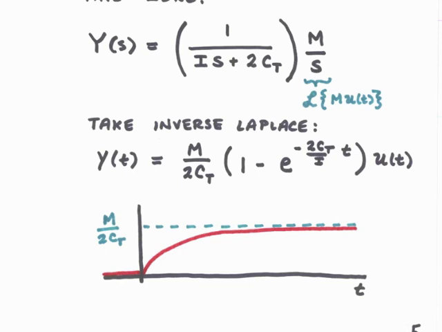You'll note the maximum angular velocity of the shaft is dependent upon m and ct. The larger the value of the input torque m, the greater the maximum angular velocity, and the smaller the amount of damping, ct, the greater the angular velocity. The rate at which the shaft approaches its maximum angular velocity is governed by the exponential term, specifically by 2ct over I. So, the greater the value of ct, the faster the shaft will approach its maximum angular velocity.